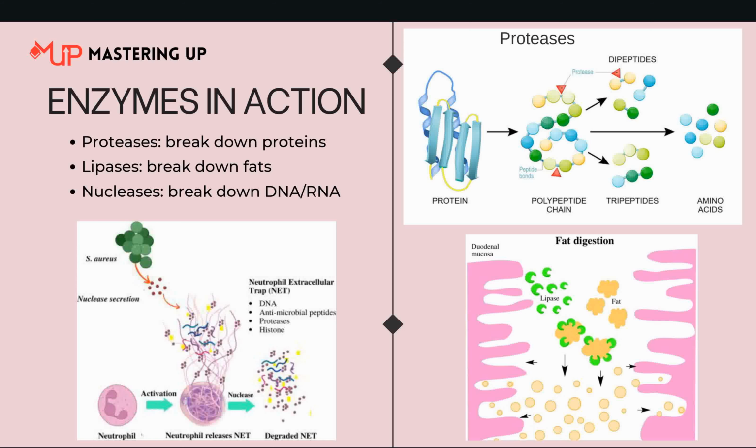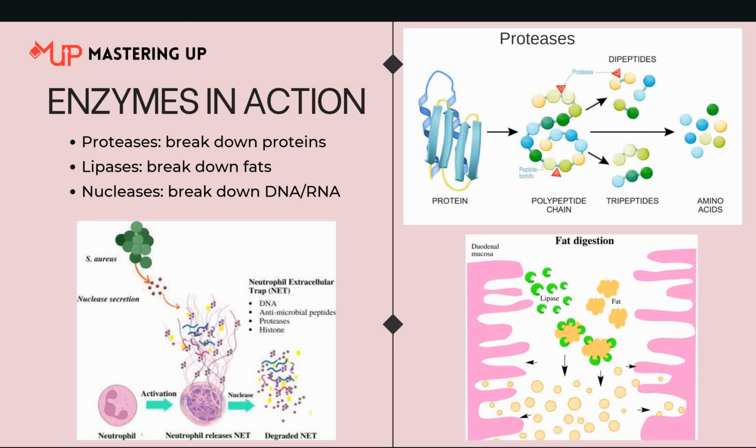In the illustration, you can see the bacterial species being released. The neutrophil, which is an immune cell, is activated, and then it releases the extracellular trap, which contains the nucleases. They break down the nucleic acid. This is one of the illustrations of nucleases.